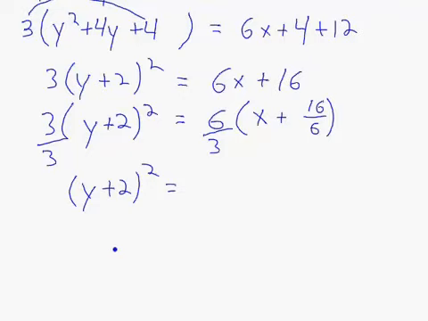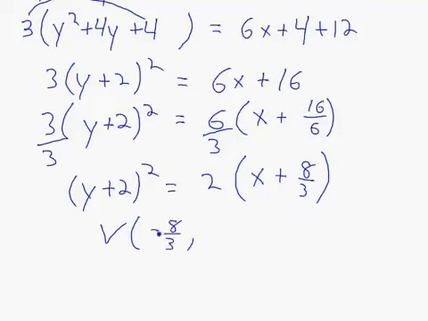So I'll end up with y plus 2 quantity squared equals 2 times the quantity x plus, well, 16/6 reduces to 8/3. So the vertex, careful here, the x-coordinate of the vertex h is going to be negative 8/3. And the y-coordinate is going to be negative 2.